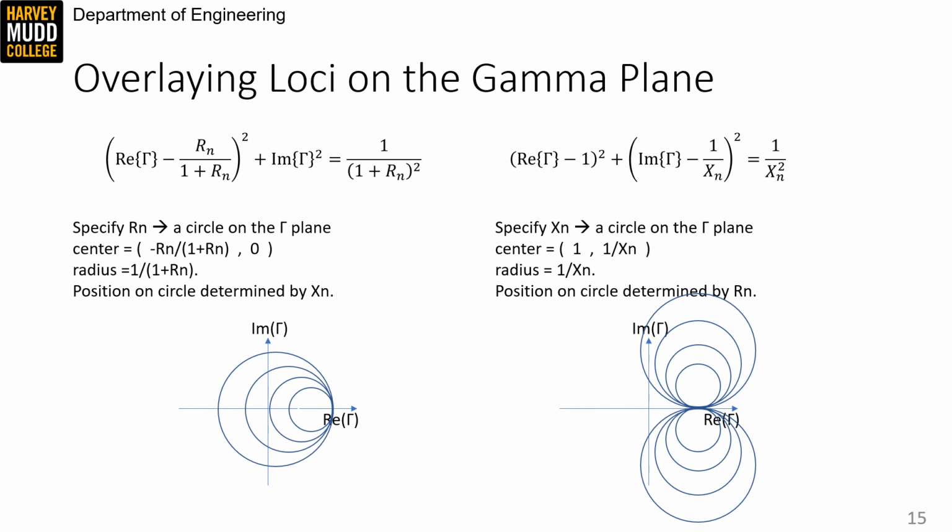Both of the loci specified by these equations are circles. The constant resistance circles have a center at Rn over 1 plus Rn and a radius of 1 over 1 plus Rn. And if you add the center and radius together, you get 1 plus Rn over 1 plus Rn. So you see the point 1, 0 is going to be included on every circle, regardless of what Rn is. I've drawn a picture of that below.